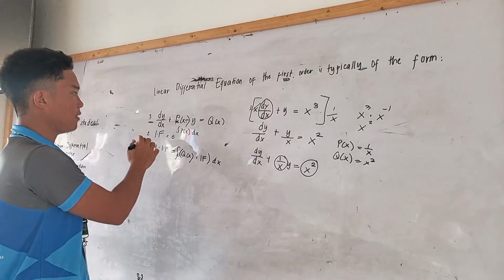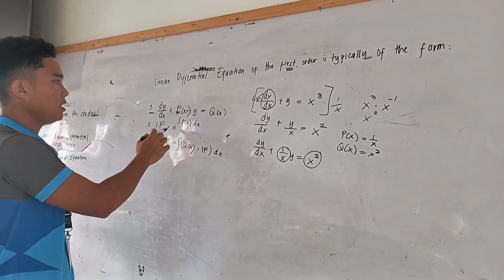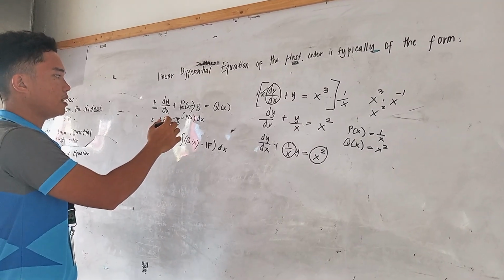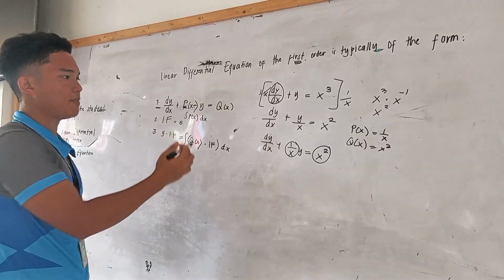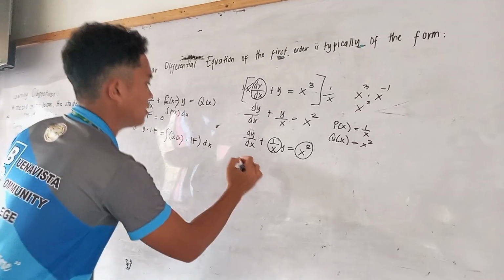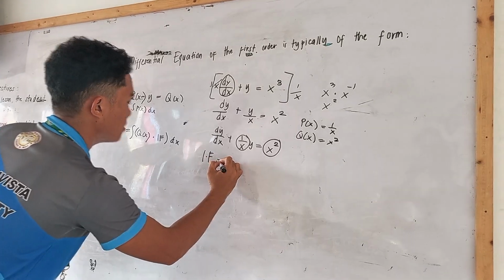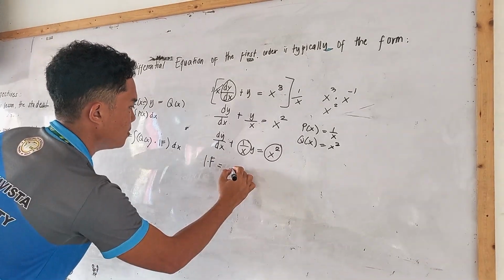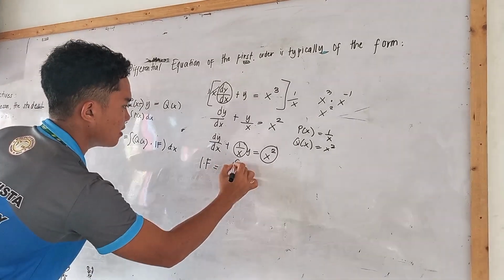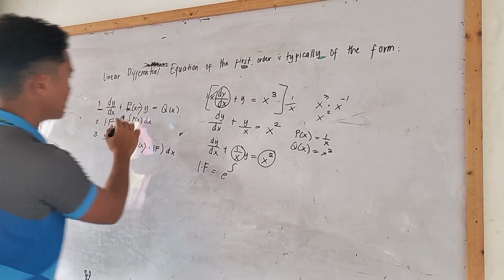The formula for the integrating factor is e raised to the integration of p of x dx.